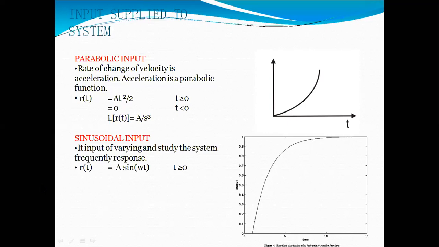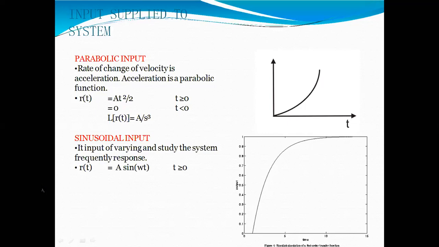So it is represented by r of t is equal to a, which can take any value again here, a multiplied by t square divided by 2 for t greater than or equal to 0 and is equal to 0 for t less than 0. Here the Laplace transform of r of t is equal to a divided by s cube.